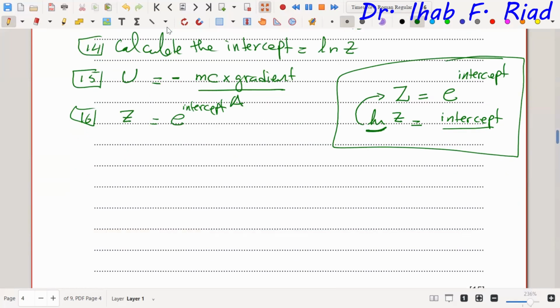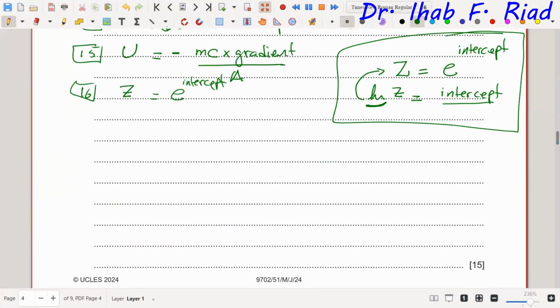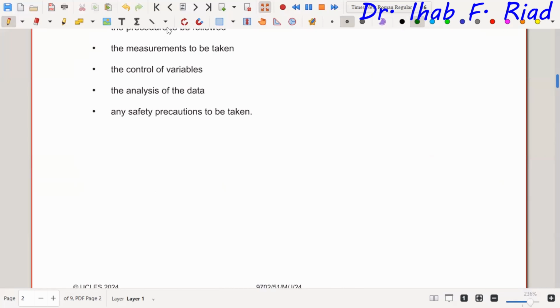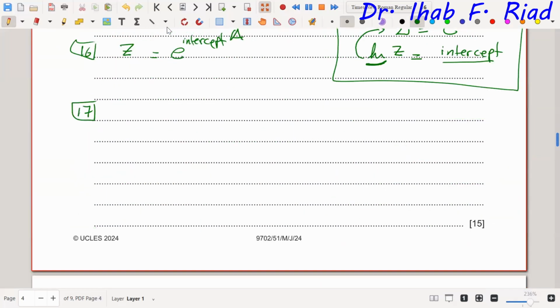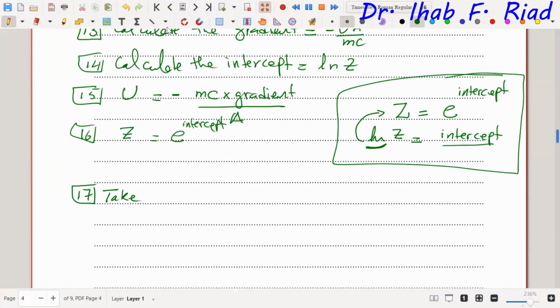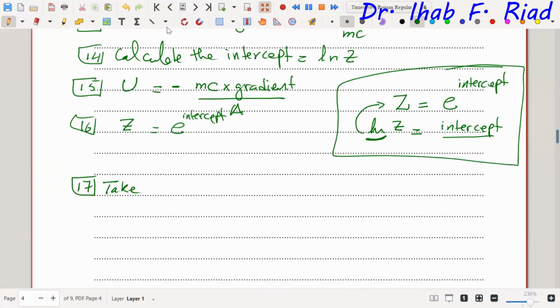Now I think we are done with almost everything except the last thing with the precaution. Safety precaution to be taken. Wear gloves when using the oven. Yes, we can say that.